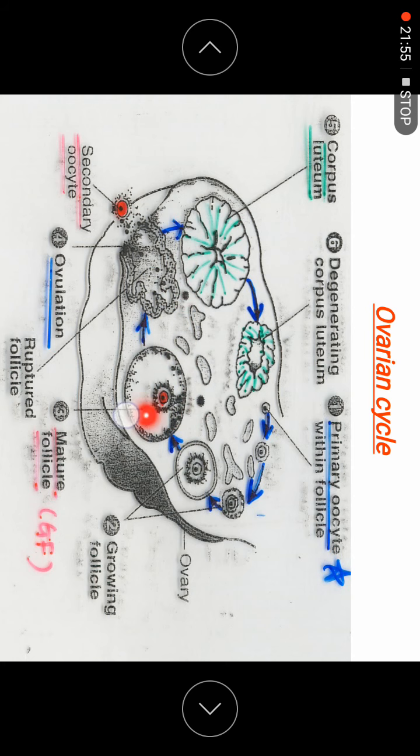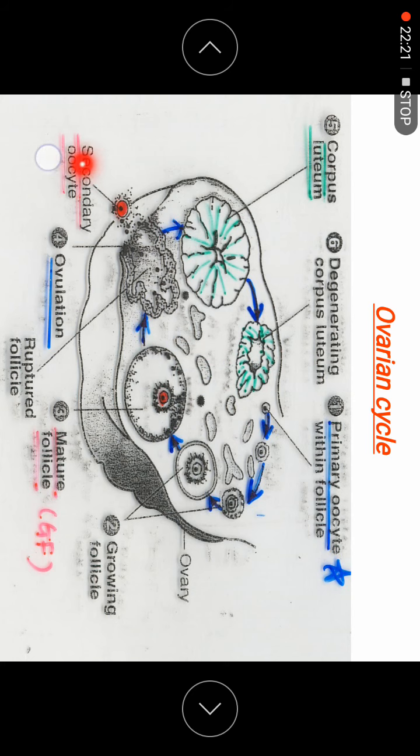The empty follicle is now called the corpus luteum. This corpus luteum will become a hormonal gland to produce progesterone if fertilization happens. If there is no fertilization, it will just degenerate, meaning break down, be destroyed, and then recycled.